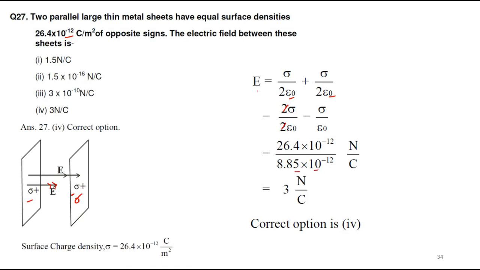Because it is electric field, the unit is Newton per coulomb. On simplification this gives 3, as the 10 to the power of minus 12 cancels. So it is 3 Newton per coulomb. The correct option is option 4.